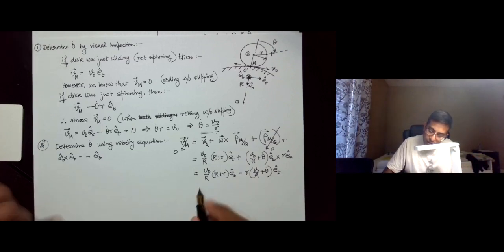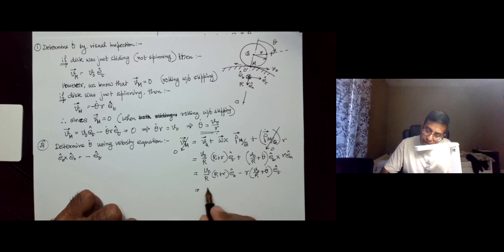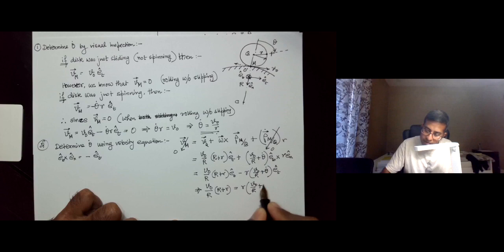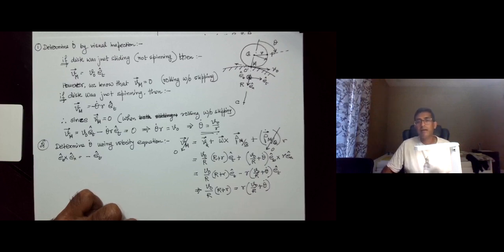So from here we have V0 over capital R times capital R plus small r is equal to r times V0 over capital R plus theta dot. Okay.